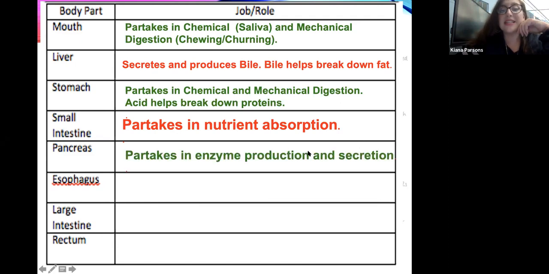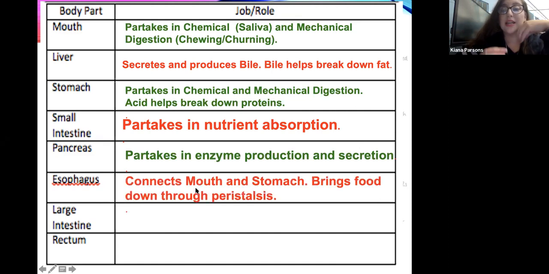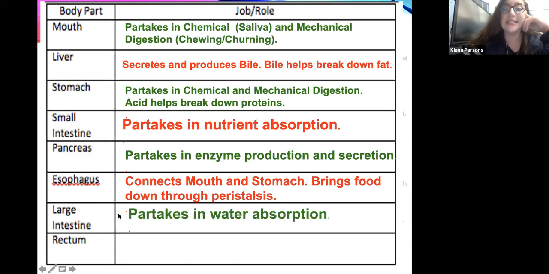The pancreas, another accessory organ, partakes in enzyme production and secretion. The esophagus is what connects the mouth and the stomach. Remember that peristalsis occurs in the esophagus, and it is literally what brings food down into the stomach via that process of peristalsis.